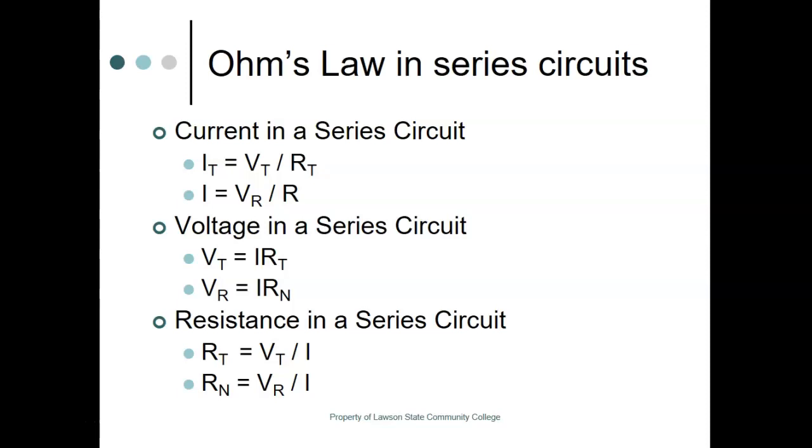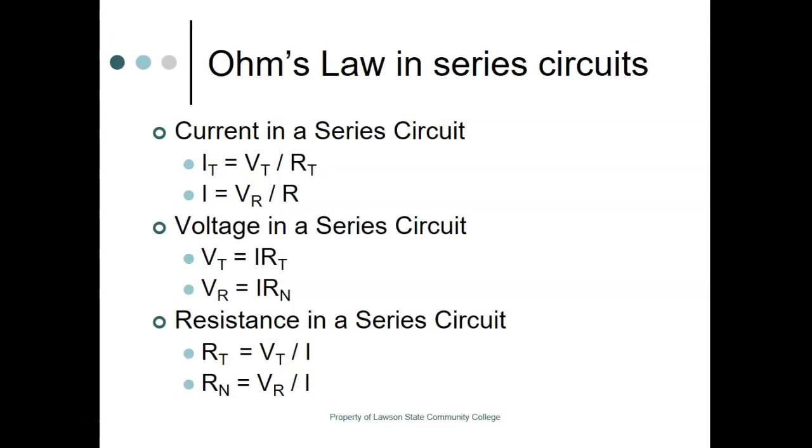It will not change, no matter what part of the circuit you're in. 10 amps is still going to be 10 amps no matter where you find it in the circuit. If you find it at one resistor, it's going to apply to all the others.